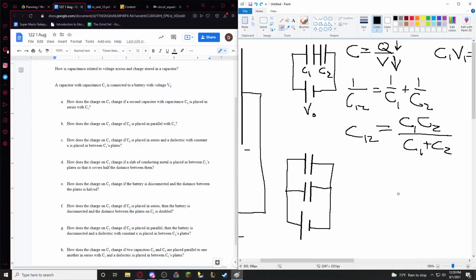So now, what would happen to the charge on C1 if C2 was placed in series with C1, so this first example here, and a dielectric was placed between C1's plates? Oh boy.